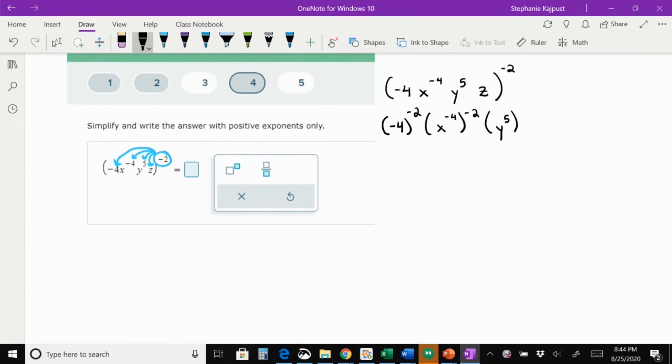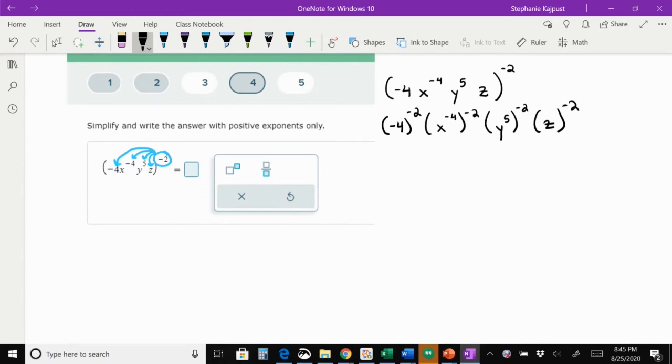Y to the 5th gets the exponent of -2. And then Z gets the exponent of -2. So that outside exponent gets distributed to everything on the inside, even if there is no exponent on it. And whenever you have a number, you include the negative. If there's a negative in a number, you just stick those together.